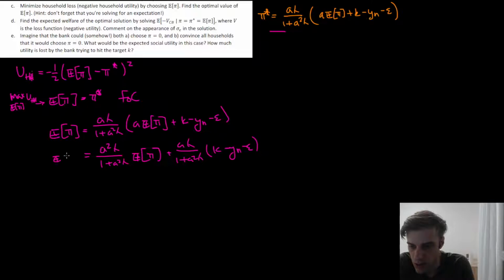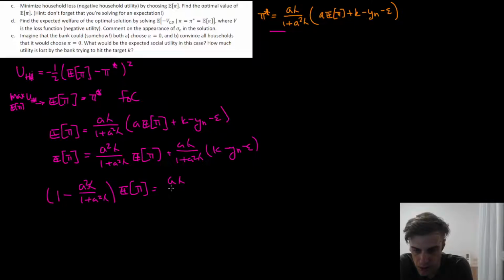And that's the expected pi. So let's take this over to the left. And this has a 1 here, so we can factor. We can factor out 1 minus A squared lambda over 1 plus A squared lambda, expected pi, equals A lambda over 1 plus A squared lambda K minus YN minus epsilon.